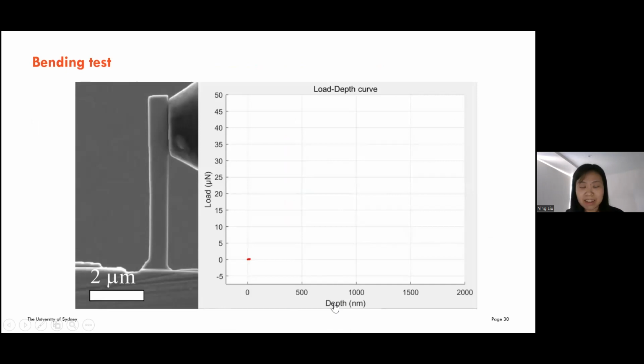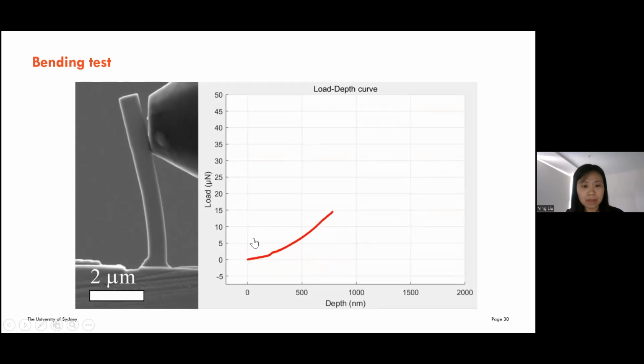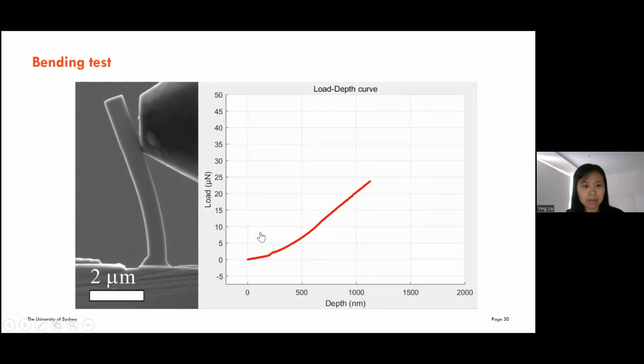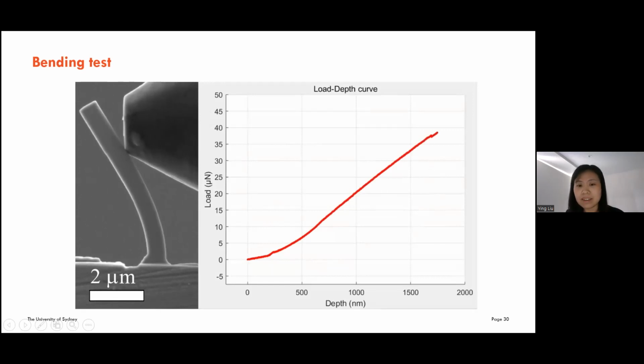Then we conducted bending tests, and similarly, it also showed very high deformation. Here we see a significant drop of the load, which suggests a plastic deformation.